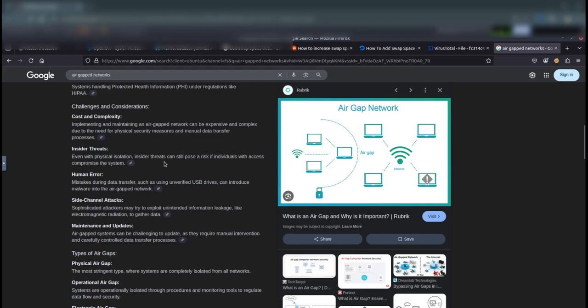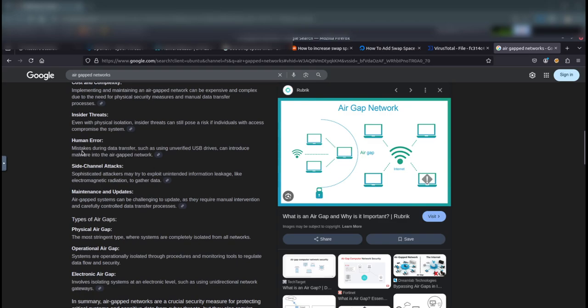Even with the physical isolation, an insider threat can still pose a risk if individuals with access compromise the system. So basically, insider threat is the threat. Human error, mistakes during data transfer such as using unverified USB drives can introduce malware into the air-gapped network.